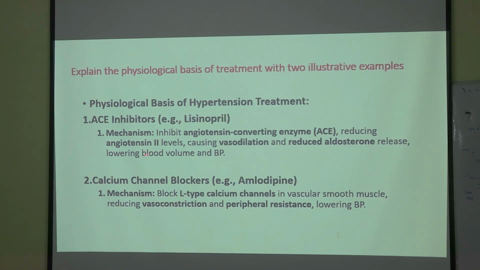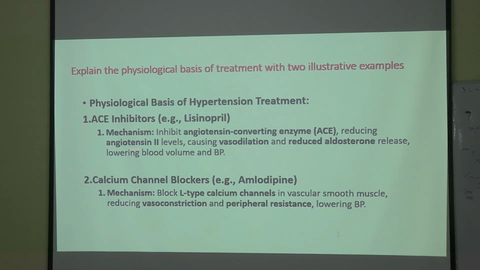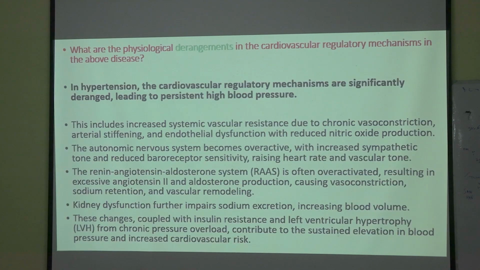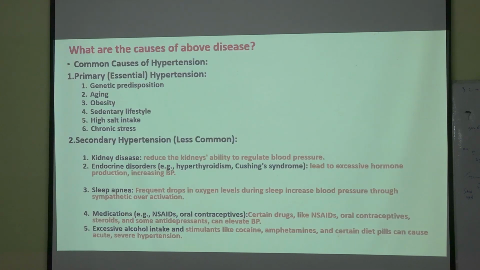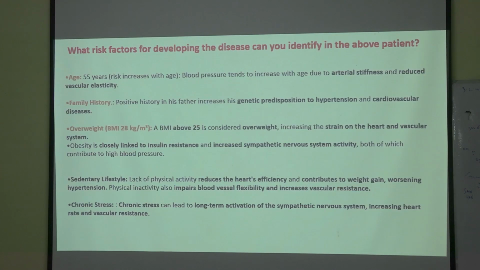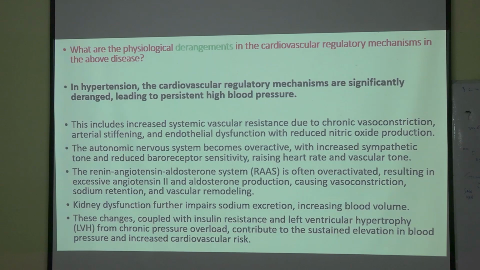So what is the mode of action of ACE inhibitors and what is the mode of action of the calcium channel blockers? You can see these angiotensin converting enzyme inhibitors mainly inhibit angiotensin synthesis, right? So that reduces the formation of angiotensin 2. As we have seen in the previous case, there is excessive angiotensin 2 synthesis, right?